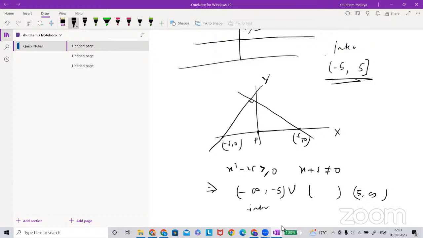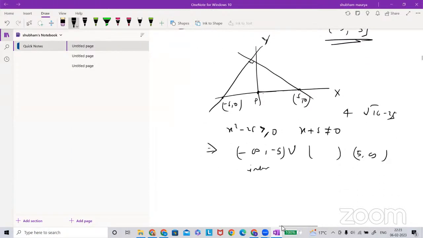If in between, suppose you are substituting 4 here, okay, what will you get? Root over 16 minus 25, so it gives a complex number. So again, it is not going to come in the domain. For what value is this going to be greater than 0, for integer values, and less than 0? If you substitute -5 here, it will give 0.